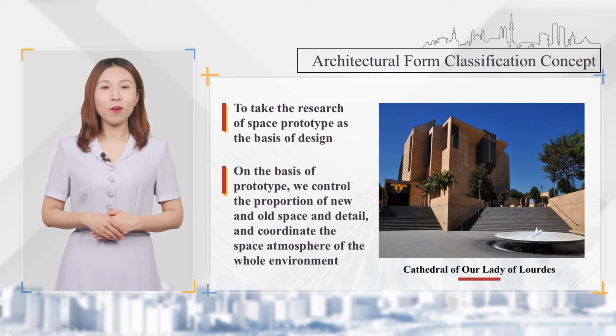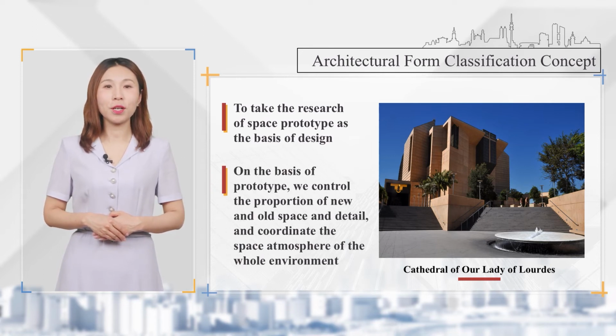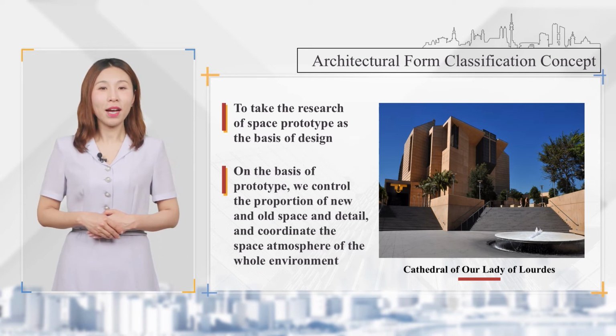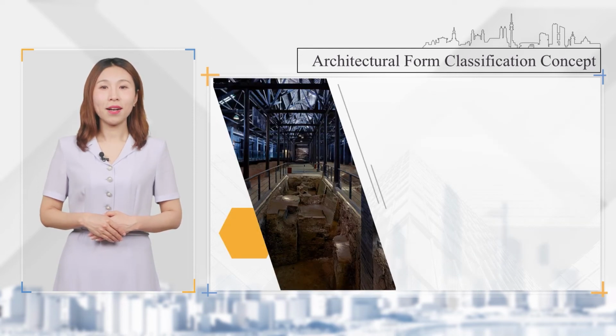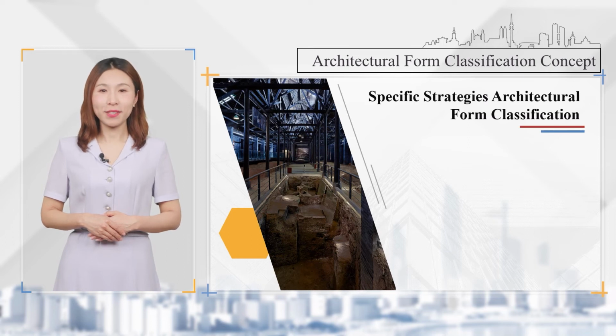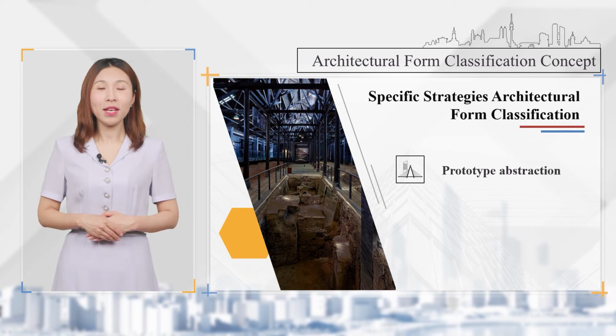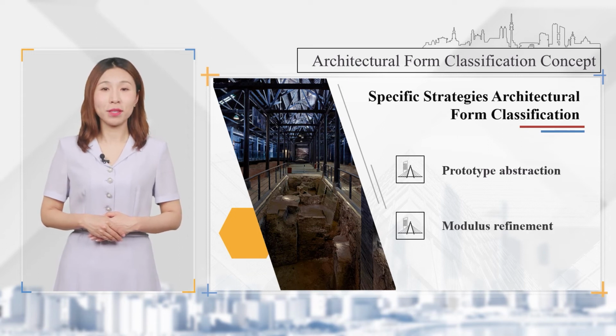On the basis of prototype, we control the proportion of new and old space and detail, and coordinate the space atmosphere of the whole environment. The architectural form classification is divided into prototype abstraction and modulus refinement.